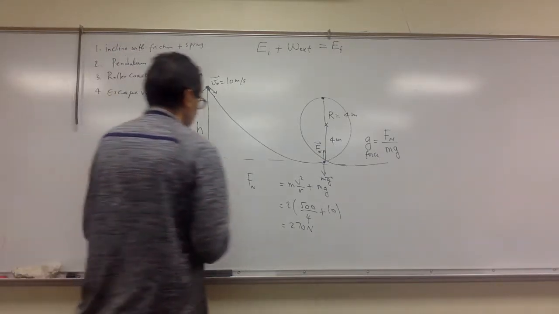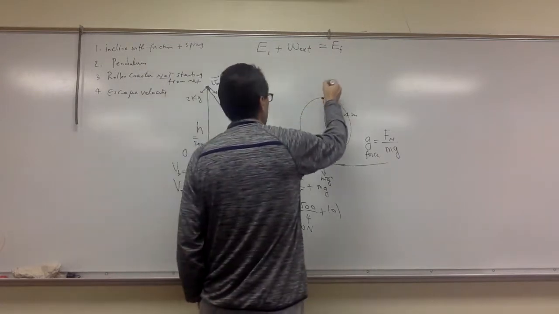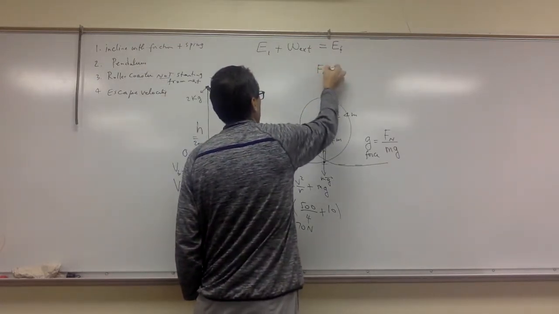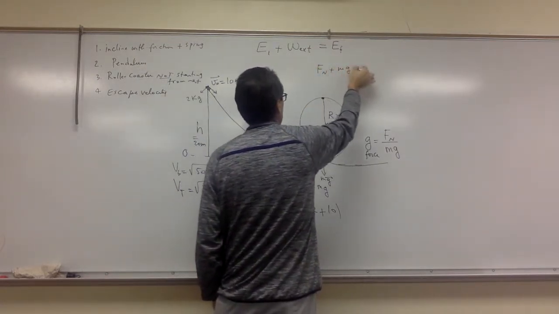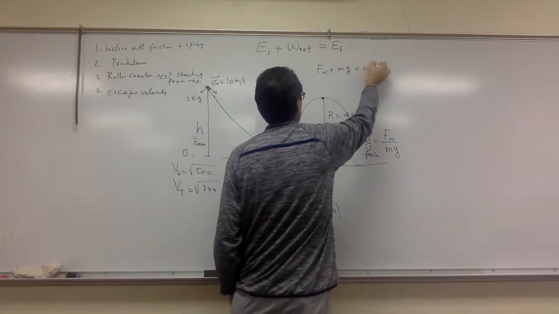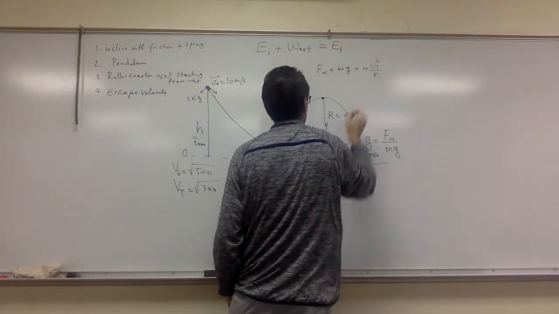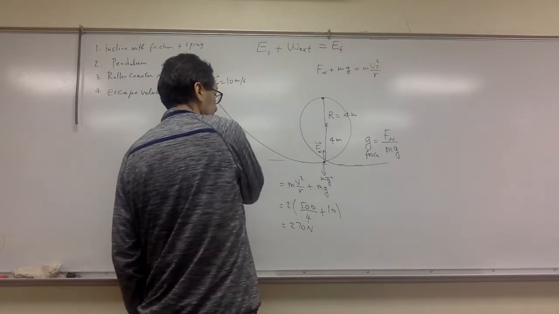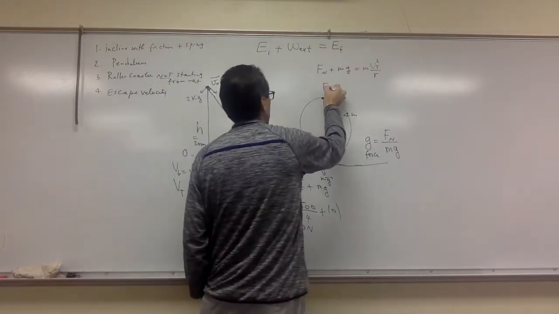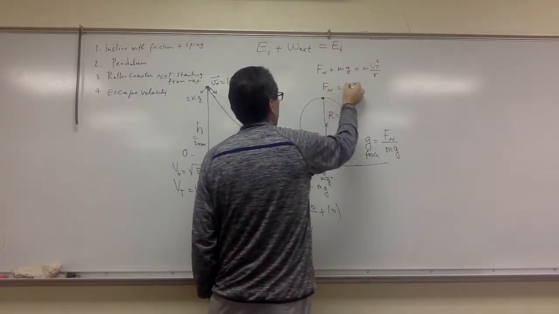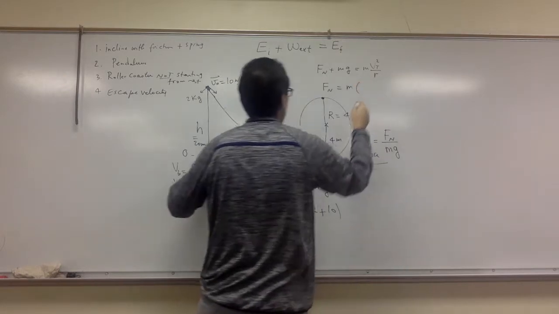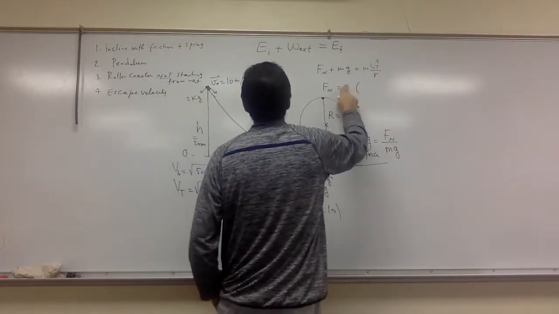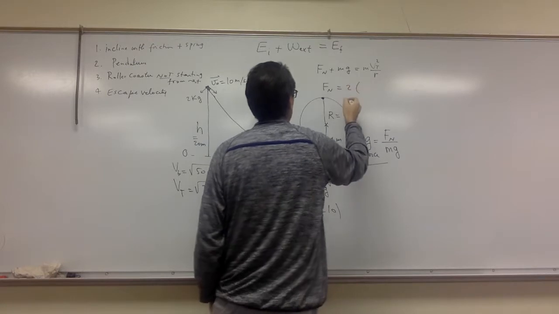Okay. Now I'm going to do it at the very top. At the very top, you have Fn plus mg equals mv at the top squared over the radius. So Fn is m, and I'm going to factor out the mass, which is a 2.